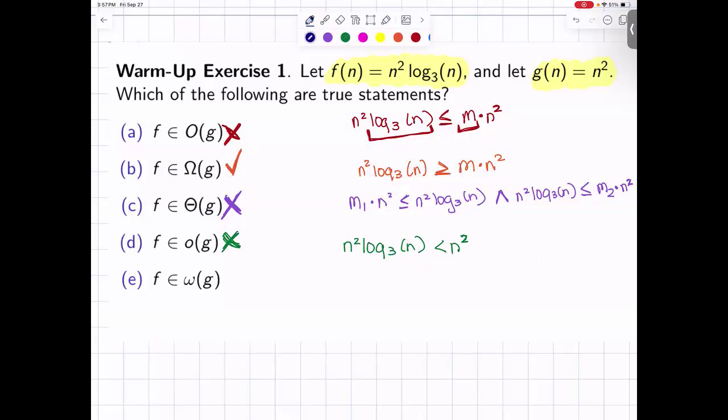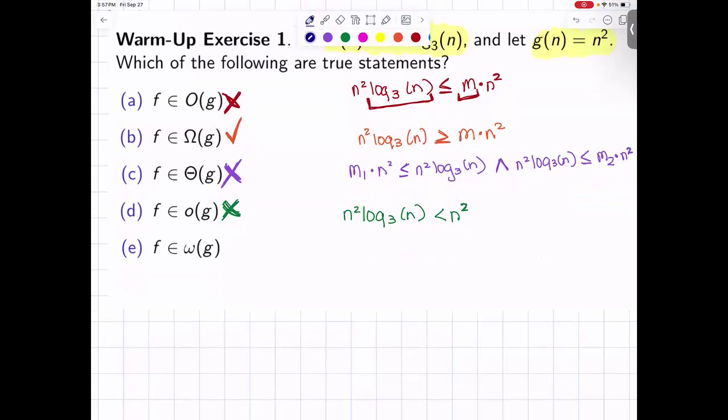The last one we want to look at follows the same suit as little o, but it's little omega. So for this one, the sign is just flipped. So we end up with n squared log base 3 of n being strictly greater than n squared. Now, if it was true here, it is in theory possible that this was very specifically reliant on a value of m, and we are not allowed to rely on a value of m in this scenario.